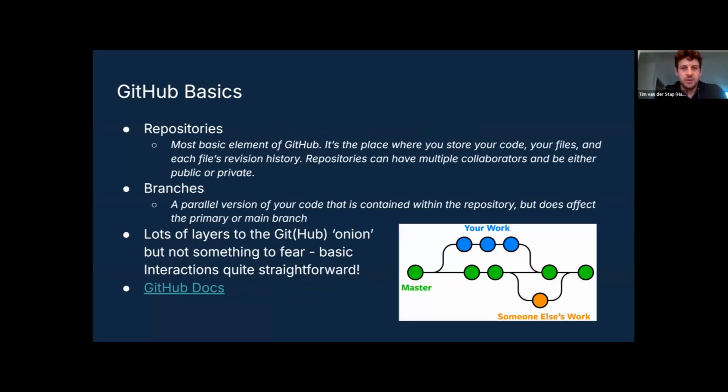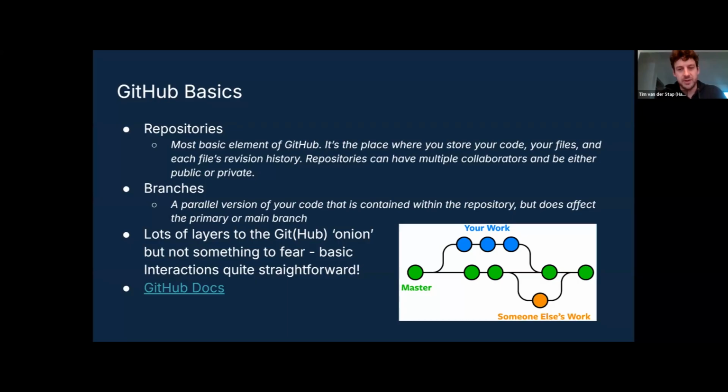So repositories are really the basic elements, the bones of GitHub. They are practically like a big cloud-based folder, and it's the place where you would store your code and your files. As I mentioned, GitHub really is a collaborative platform. So each repository can have multiple collaborators on it with various permissions as well.